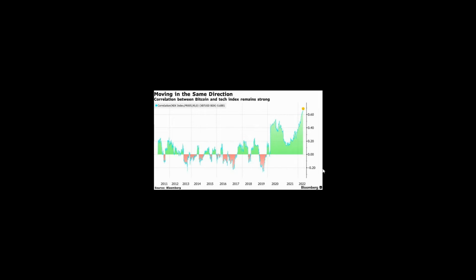And also another important nuance here is that when Bitcoin is going to the downside, and when the markets in general are going to the downside, that's when you're going to see the strongest correlation between Bitcoin and tech sector equities. That's because it represents disruptions in the credit markets, right?